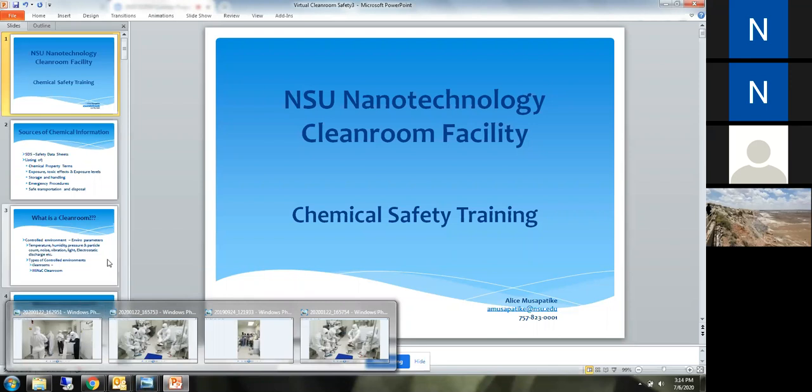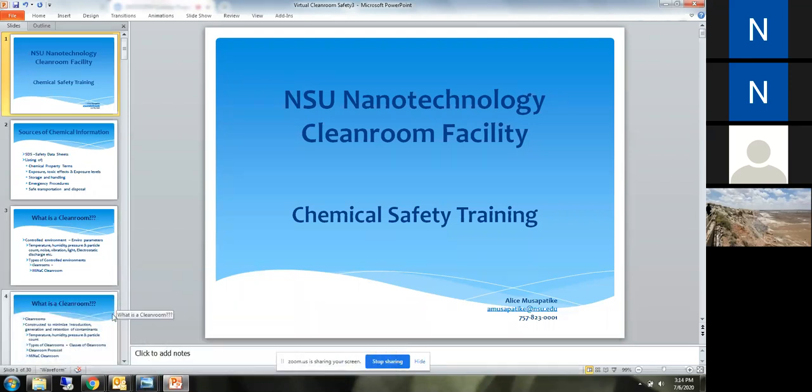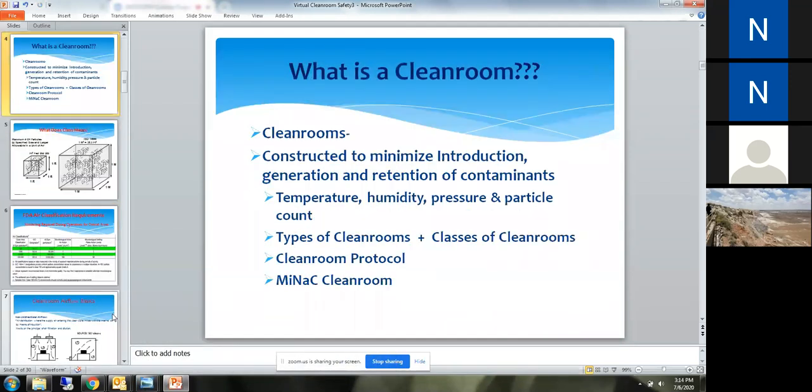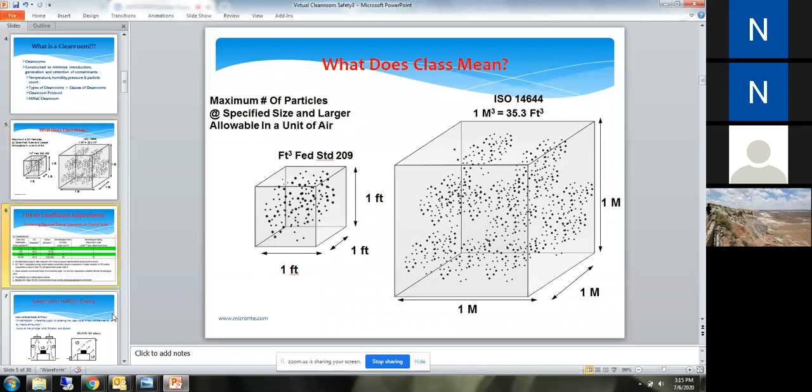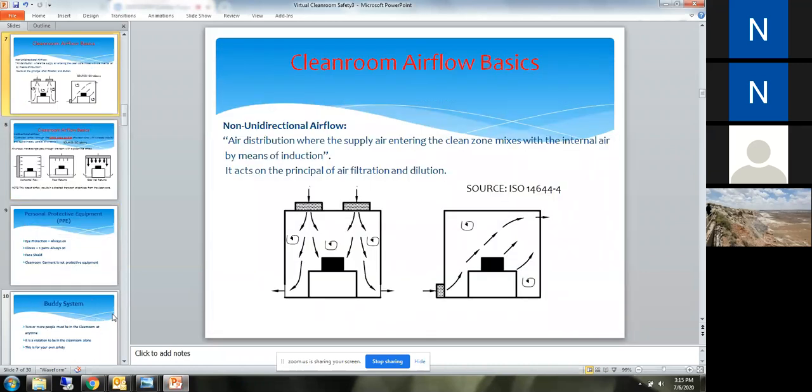Okay, so let me go to the slide with the non-unidirectional flow. You can still see my slides, right? Yes. Okay, so this is non-unidirectional flow. The idea of unidirectional is for all the suspended particles to come down with the air.